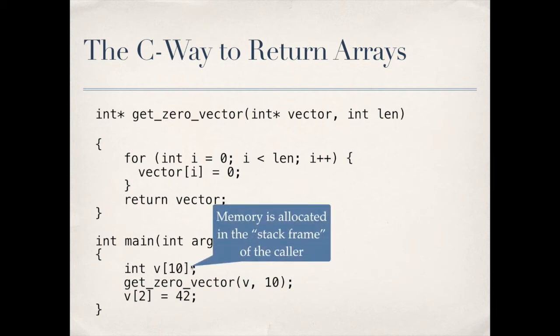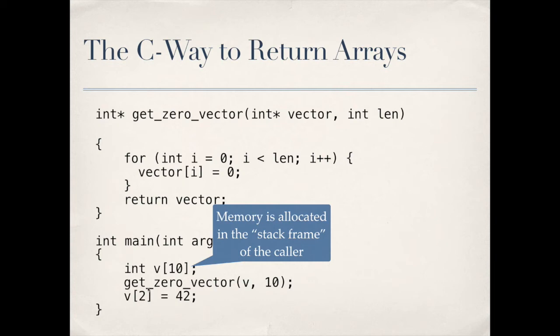Stack frame we can understand as the memory locally assigned to our function here. So here we now have the V, and all its 10 values are now stored in main.